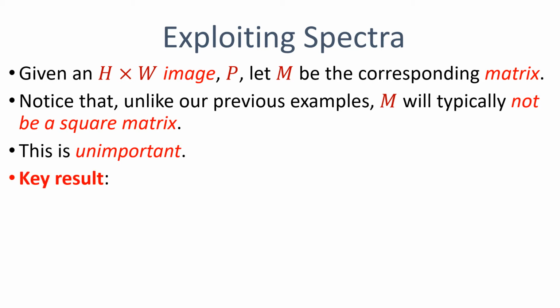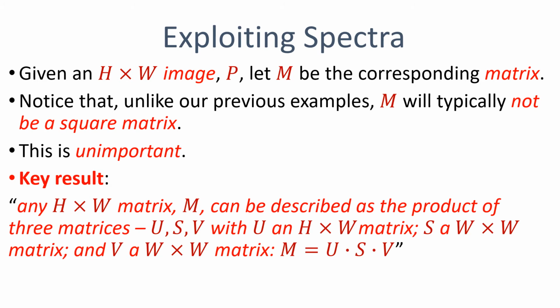The key result that we need is the following one. If we take any matrix, we can describe that matrix as a product of 3 other matrices. The first of these has the same dimensions as our original matrix.